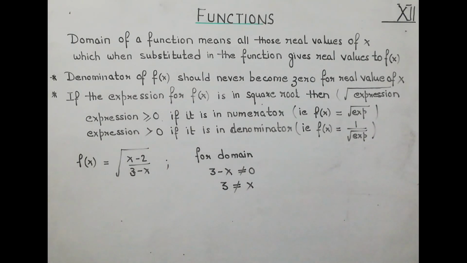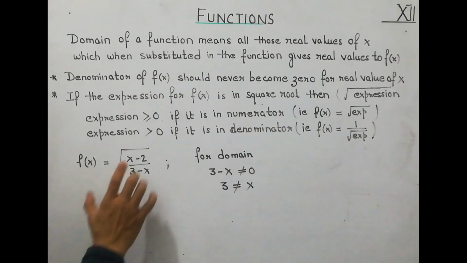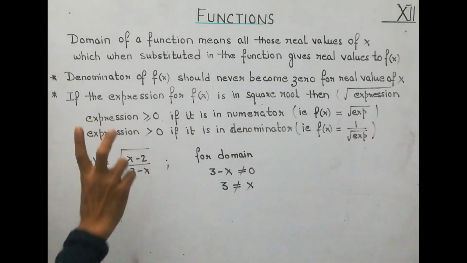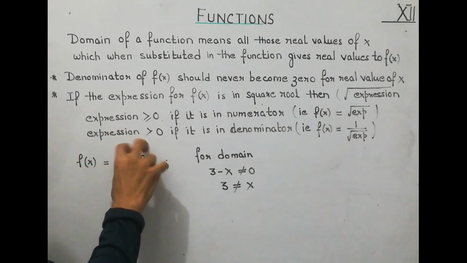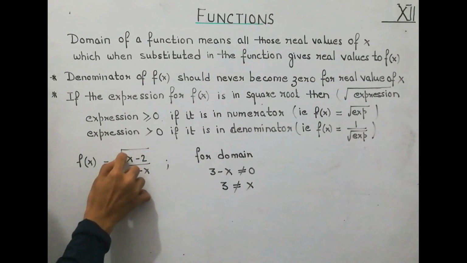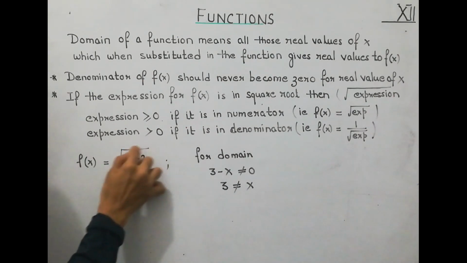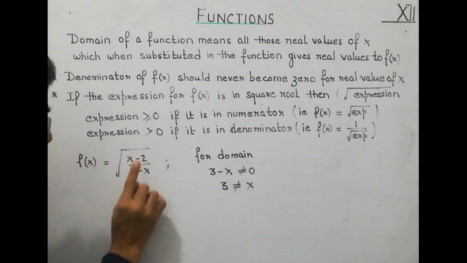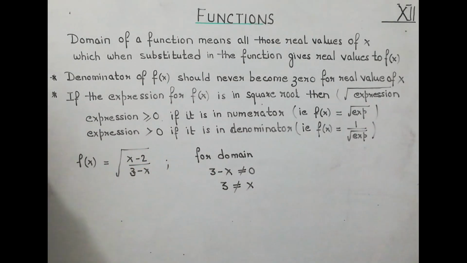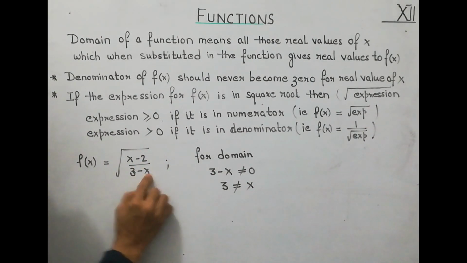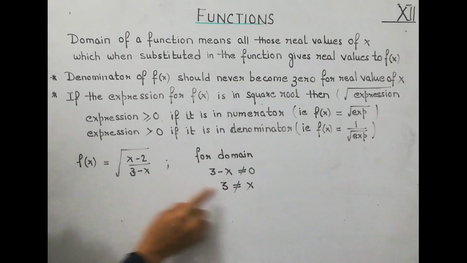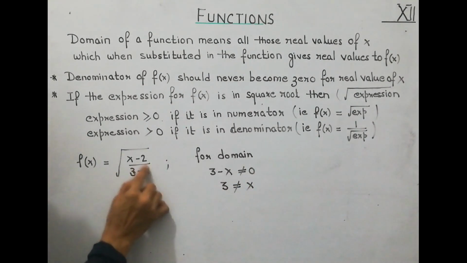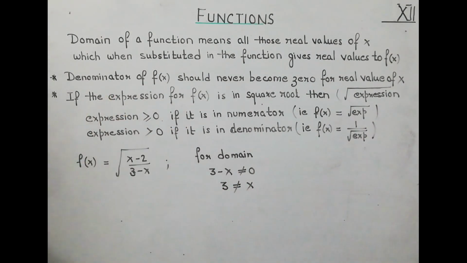So what you will do, now you consider this whole as 1, and you can say there is a root sign, so you will say that this whole result should be either equal to 0 or it should be greater than 0. See here, the denominator cannot be 0, this is sure, because if the value of x is substituted 3 over here, the denominator becomes 0 and it becomes undefined.